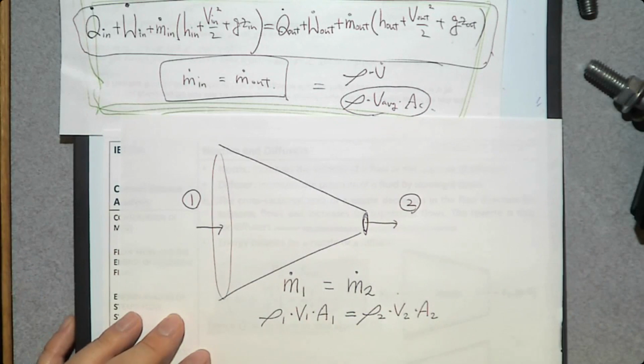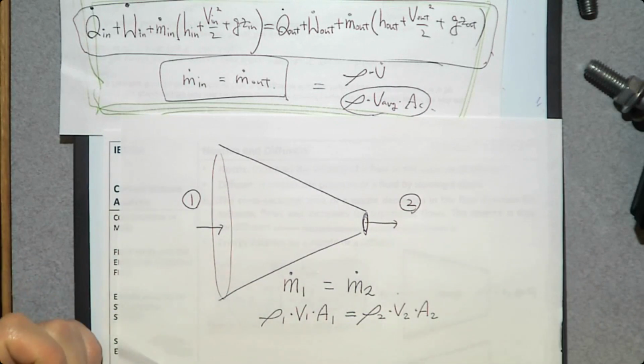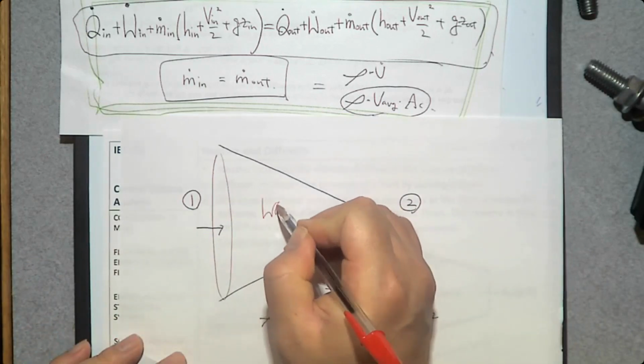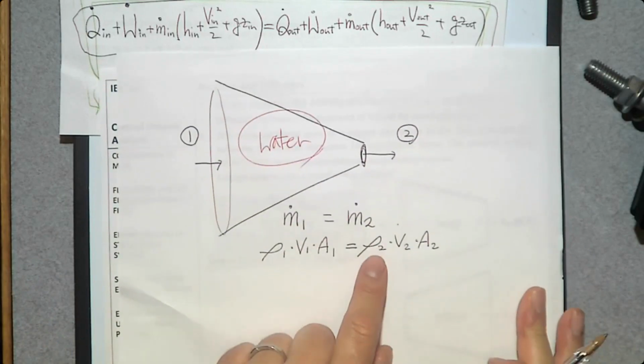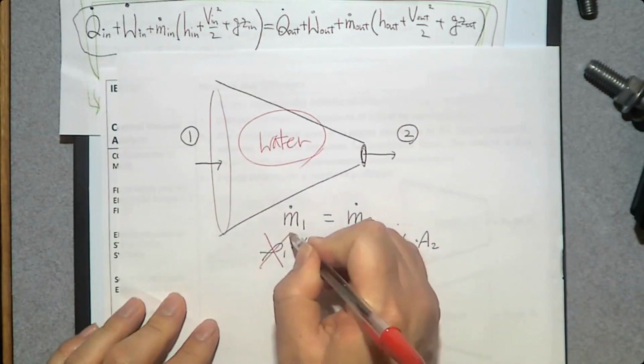Now, what is the working fluid when you water your garden? Air? No, the grass drinks water. So now we have water. Is it compressible? No, it is incompressible. That means the density at the inlet is the same as the density at the exit. I'm going to cross them out.